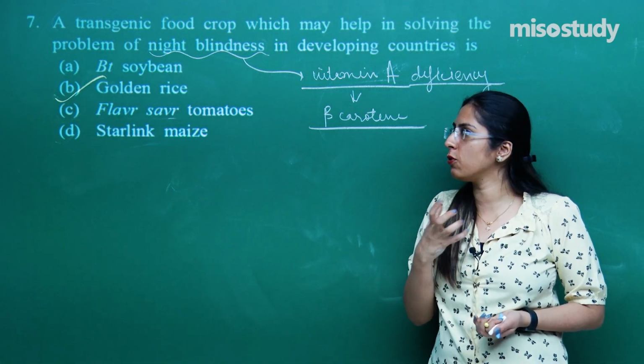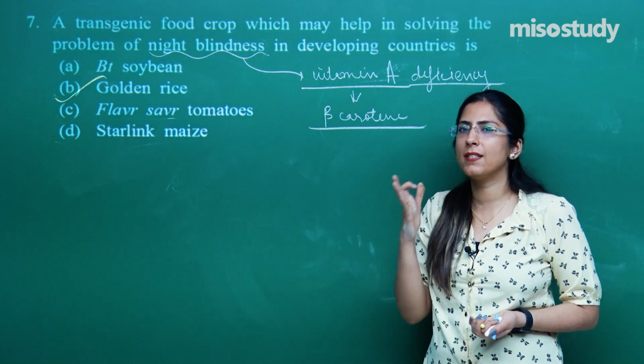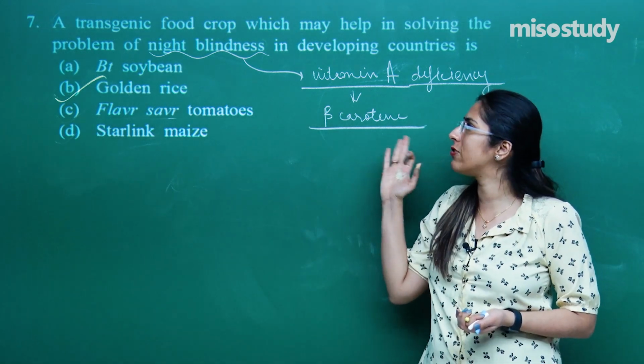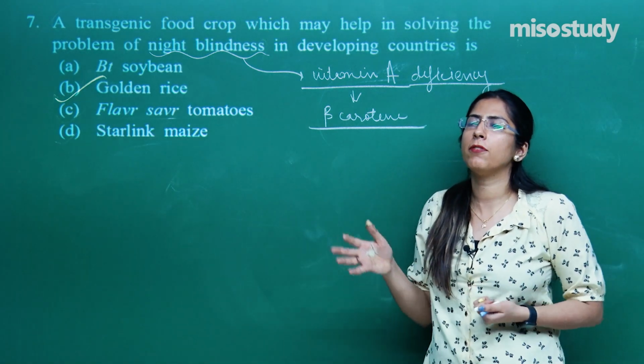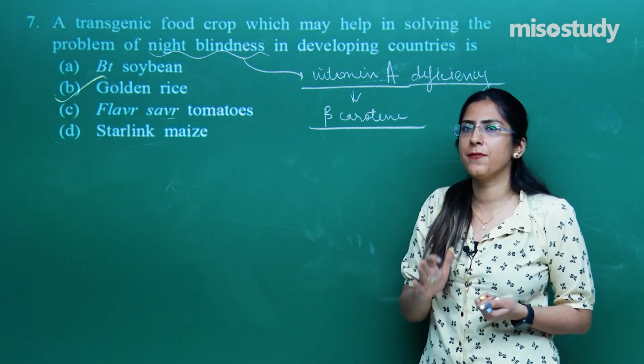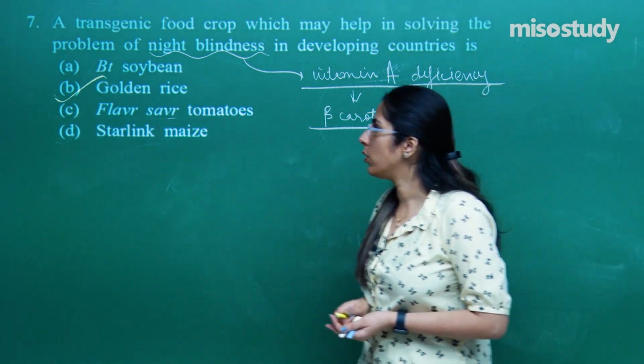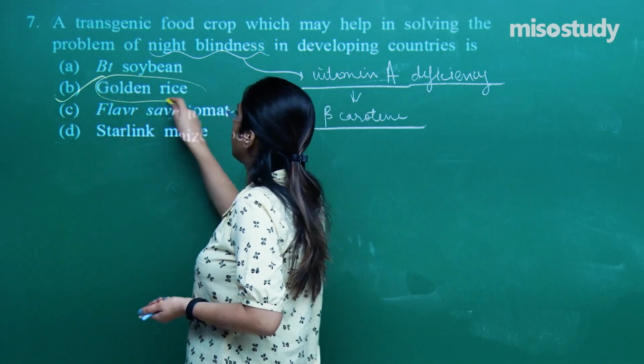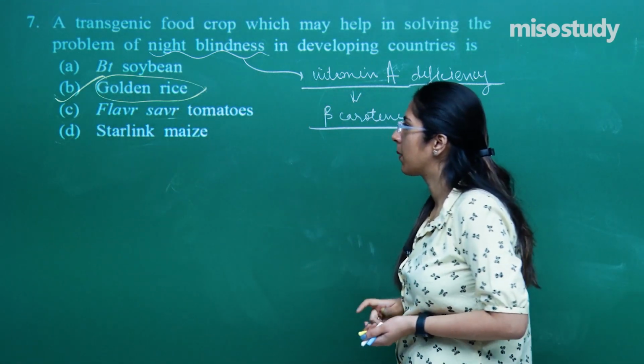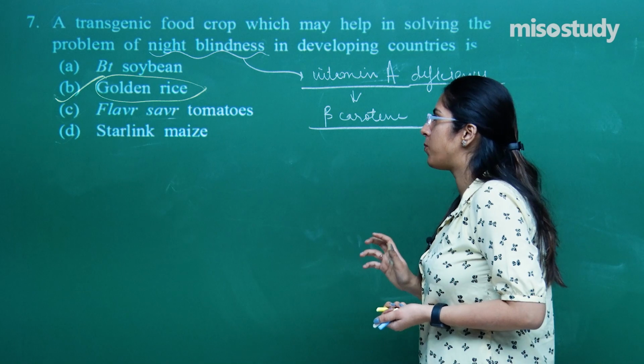And whenever we consume that, the chances of developing night blindness in life are very, very less. So the correct option is golden rice, right? For the seventh, option B is correct.